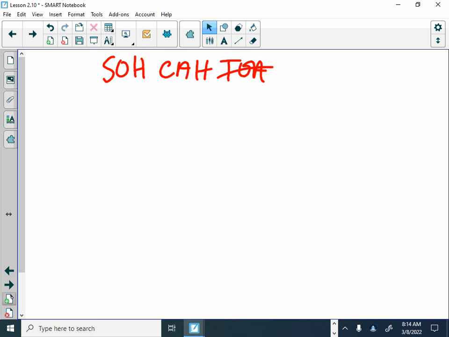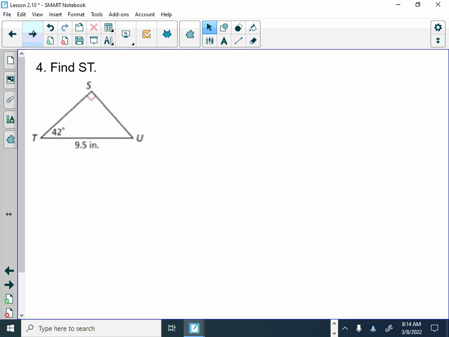If these had been switched, then your hypotenuse would have been X. Give me about 30 more seconds. Round to 1 decimal place.